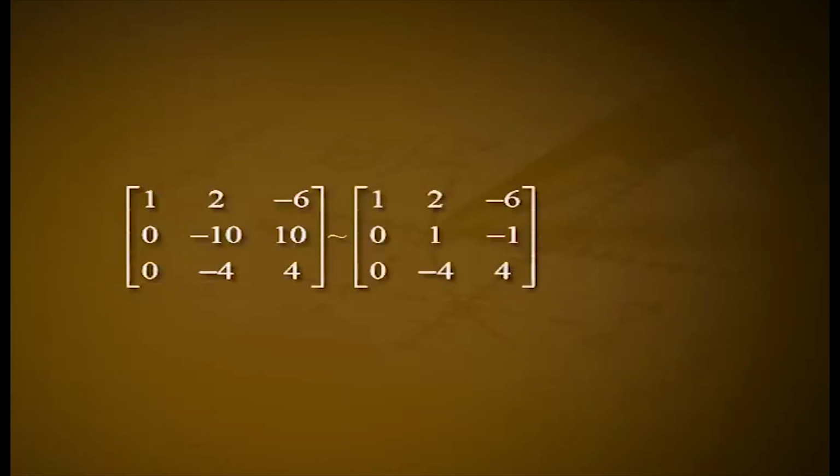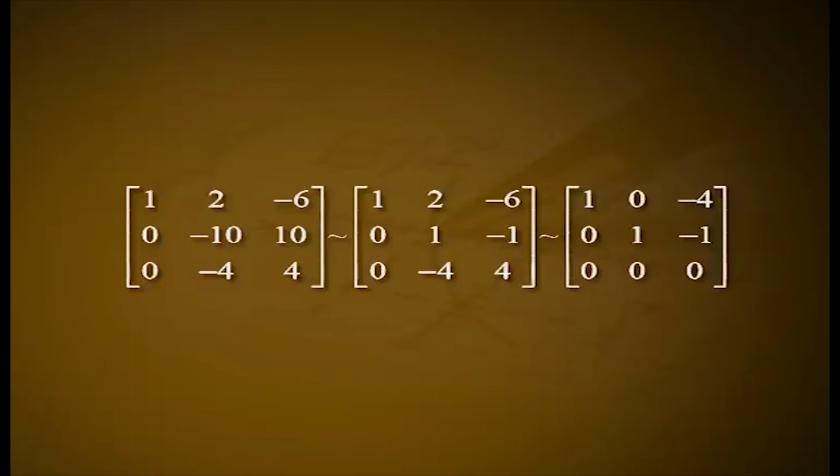Case 2. When k is equal to minus 2, the matrix becomes matrix 1, 2, minus 6, 0, minus 10, 10, 0, minus 4, 4, which is equivalent to matrix 1, 2, minus 6, 0, 1, minus 1, 0, minus 4, 4, which is equivalent to 1, 0, minus 4, 0, 1, minus 1, 0, 0, 0.